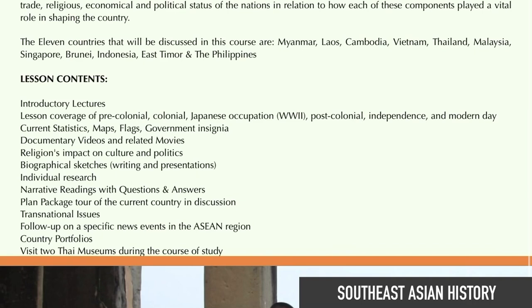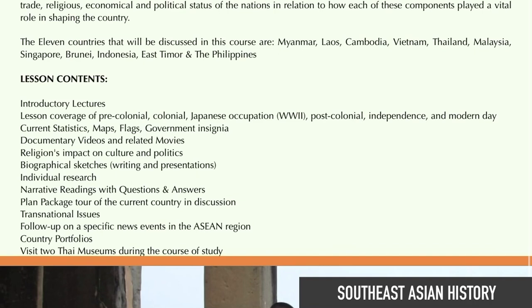The religion's impact on culture and politics. As you know, most of the Southeast Asian countries, the northern part, the Indochina, so to call, is mostly Buddhist countries, while the southern part of Southeast Asia are Muslim, Islam.